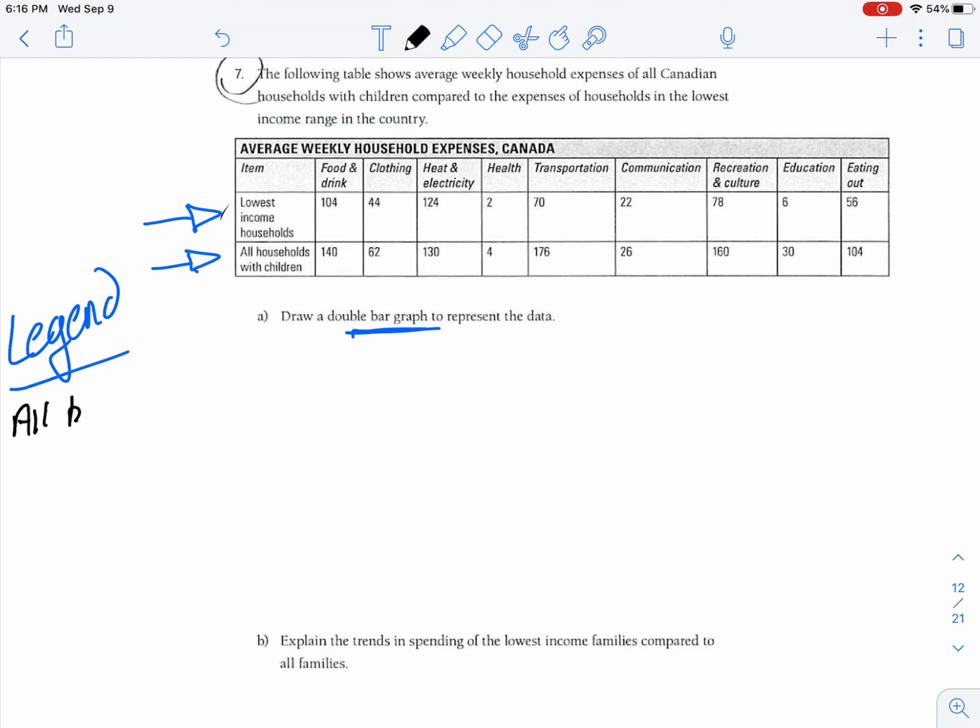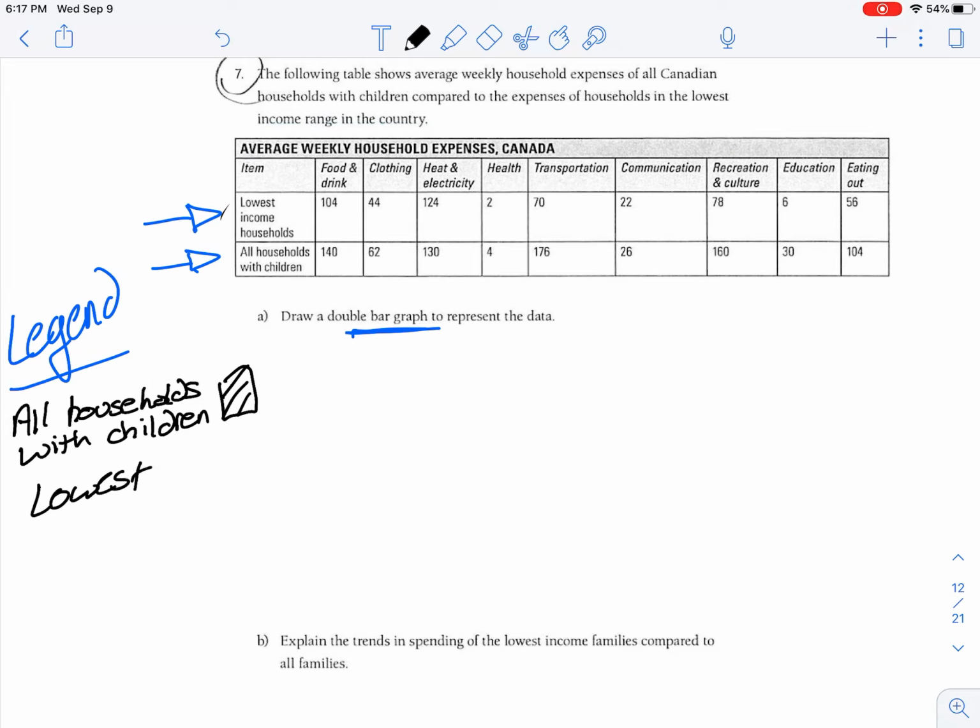So for my all households with children, what I'm going to do is I'm going to color in, actually not color in, that'll take way too long. I am going to stripe out the bars.